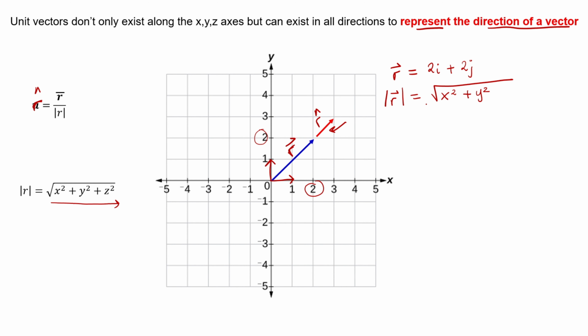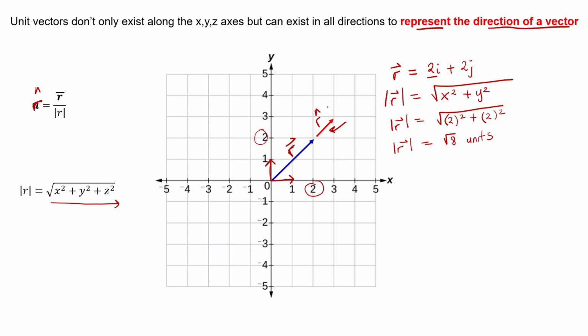Remember that this is a 2D Cartesian plane. So the magnitude of r will be given by the square root of the x component, which is 2, so 2 squared, plus the y component, which is also 2, so 2 squared. So the magnitude of this vector r will be given by 4 plus 4, so that's going to be the square root of 8 units.